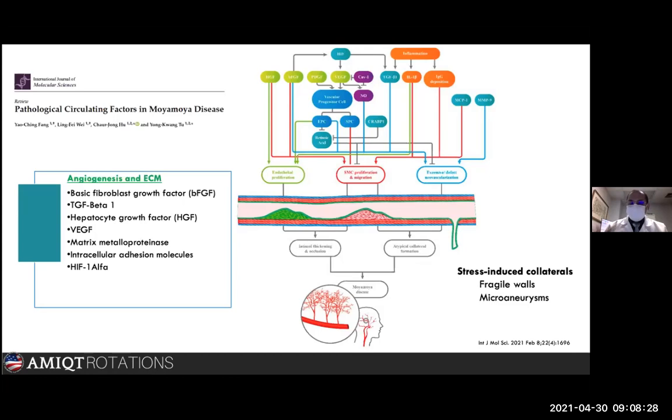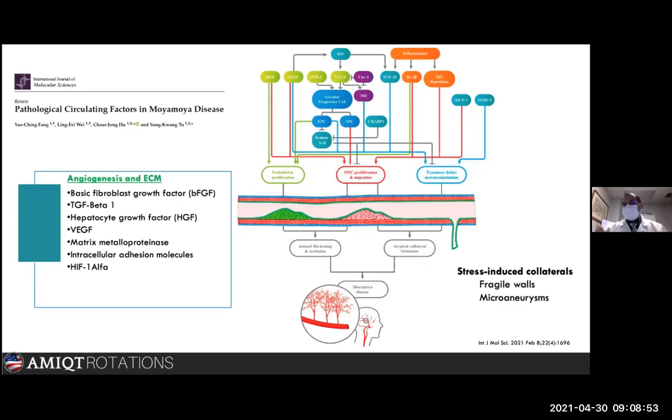This overexpression causes a disorganized and aberrant endothelial proliferation, as well as smooth muscle cell proliferation. This disorganized proliferation will eventually cause an intimal thickening and occlusion of these blood vessels.